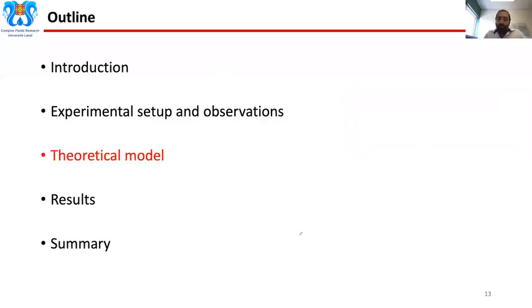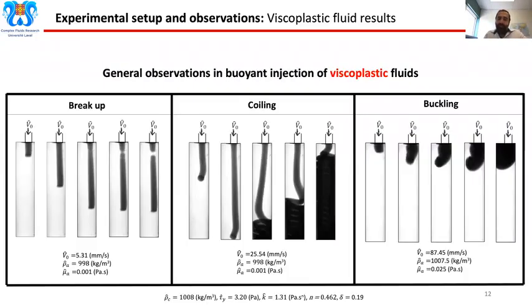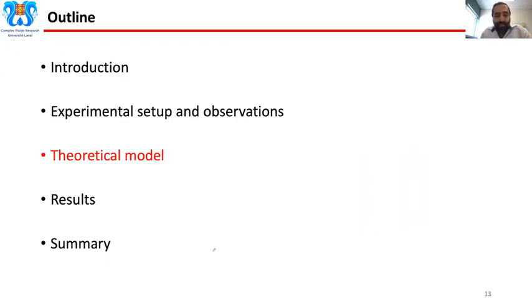To understand what's happening in these three regimes, and also to be able to provide a prediction for the different regimes, we have developed a theoretical model. It is ongoing work and hopefully will be submitted for publication to the Journal of Non-Newtonian Fluid Mechanics after this conference.